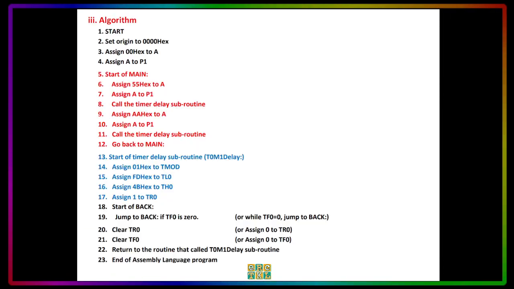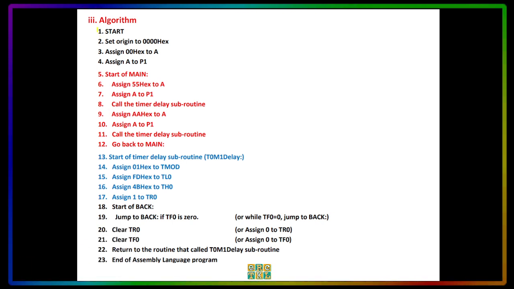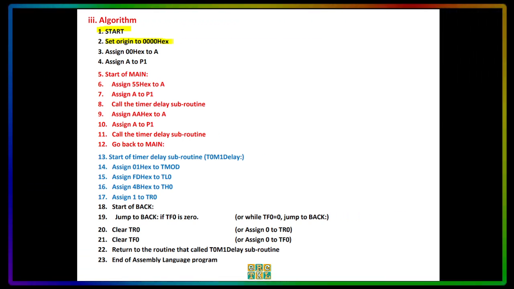GND. Now, for the algorithm, we will write the algorithm for the assembly language with the same start, and we have to set the origin to 0000 hex. This is the starting address of assembly language, and we always put this at the beginning of our assembly program.